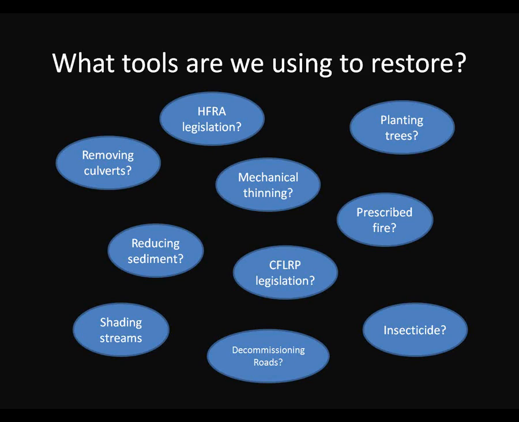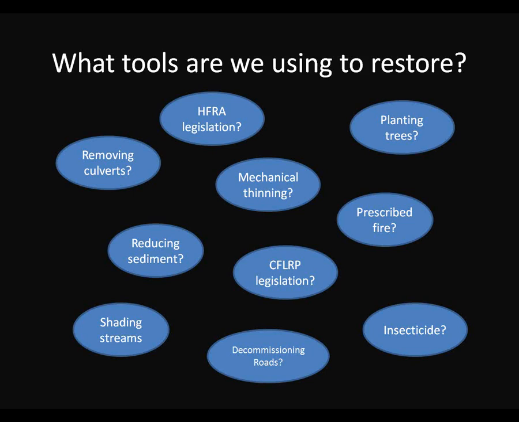There are different mechanisms and different funding sources and different tools that we have to apply to address any given restoration objective. And so, for example, if we're trying to target funding, as we most recently are through this collaborative forest landscape restoration program, there are some sideboards and some eligibility requirements that we need to meet.